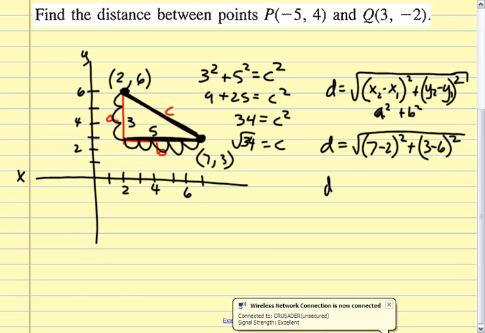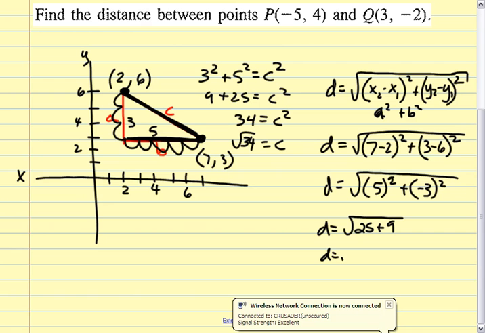Okay? So now the distance is the square root of 5 squared plus negative 3 squared. When I square negative 3, I'm going to get positive 9, right? So the distance is equal to the square root of 25 plus 9. D is equal to the square root of 34.